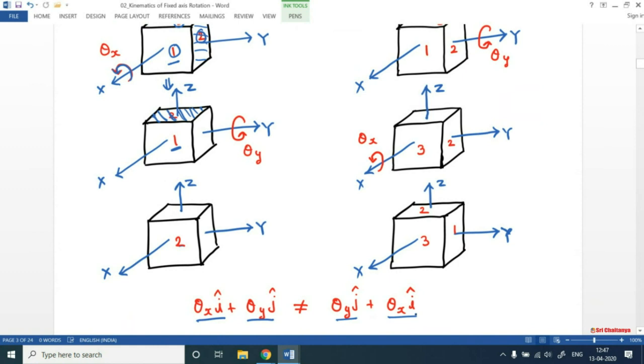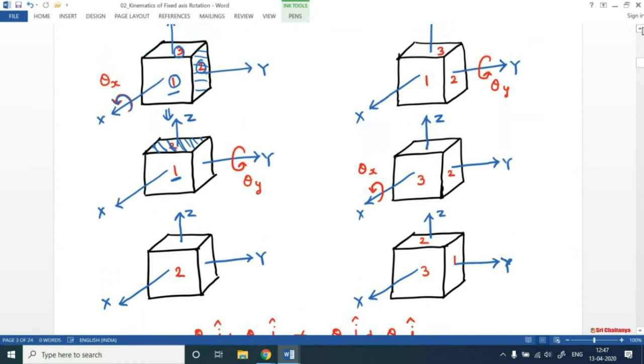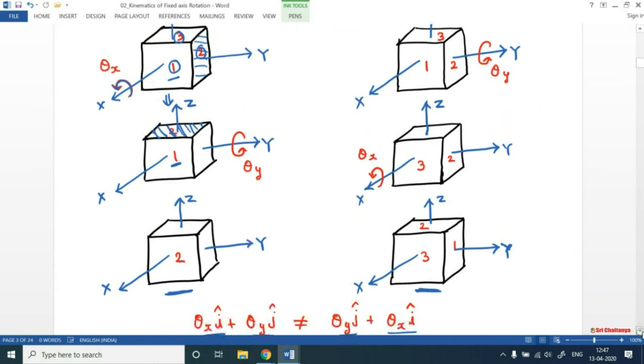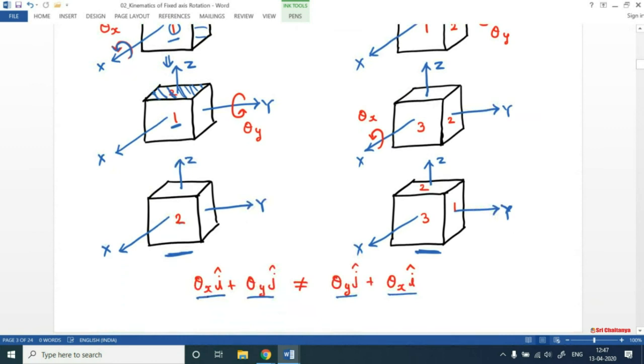But as you see, we have started from the same initial orientation, but the final orientation here and the final orientation over here are not the same. So we can clearly say that theta x i cap plus theta y j cap is not equal to theta y j cap plus theta x i cap.